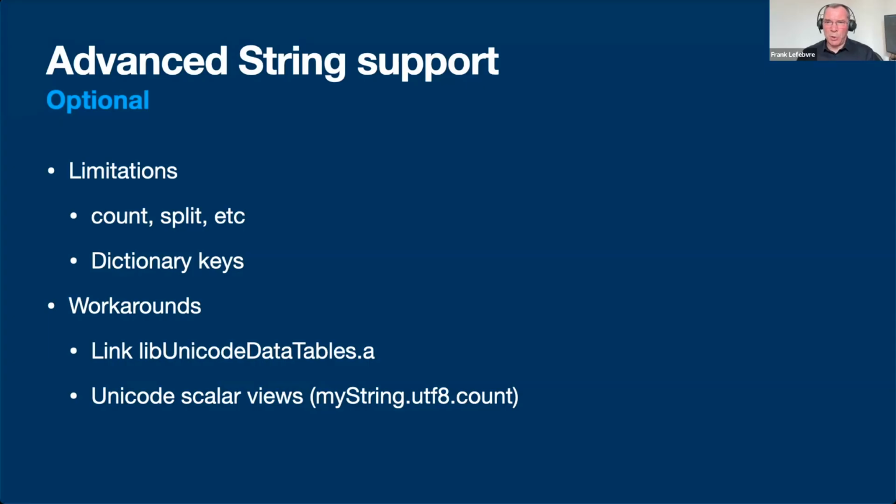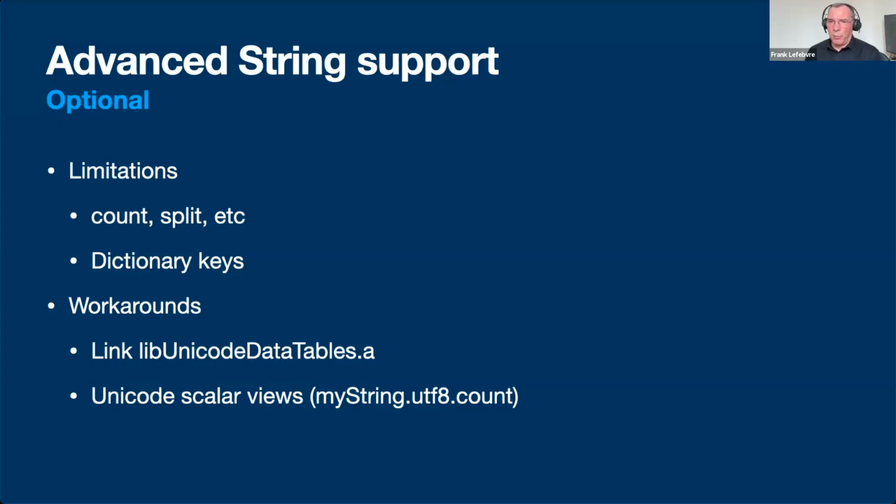It's not possible to use a string as a dictionary key because strings are not Equatable. So there are two ways around this. Either you can build with the libunicode data tables, and then you add 2 or 3 megabytes to your generated code, so it can be too large to fit on the chip.